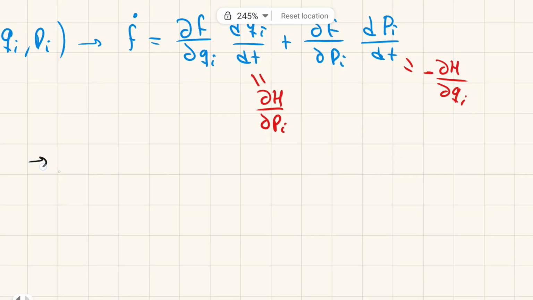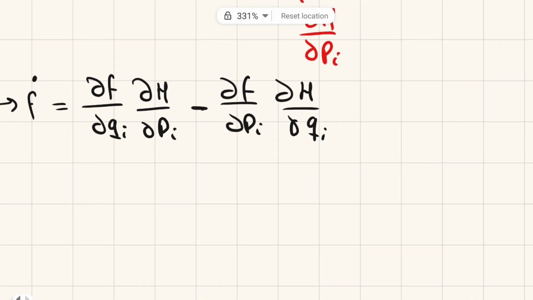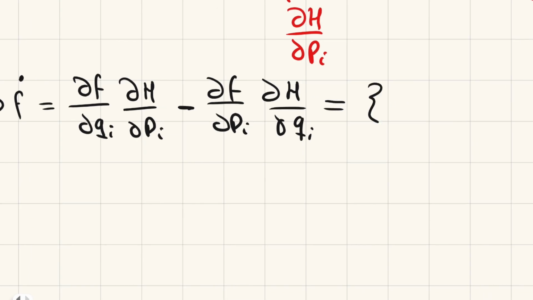So f dot is equal to the partial of f with respect to qi times the partial of h with respect to pi, minus the partial of f with respect to pi times the partial of h with respect to qi. From a basic course in classical mechanics, we know that this quantity is defined as the Poisson brackets of f and h. This is the formal definition of the Poisson brackets.